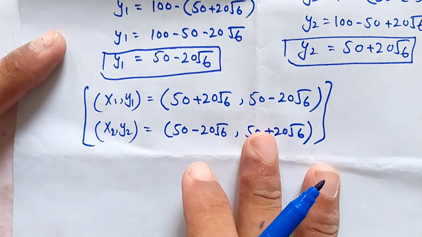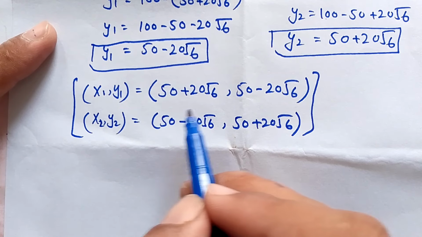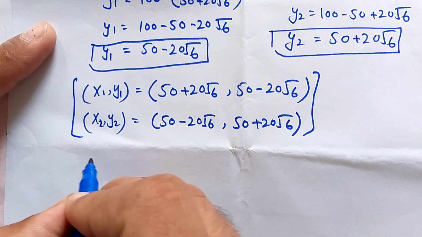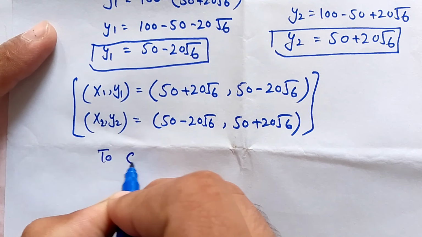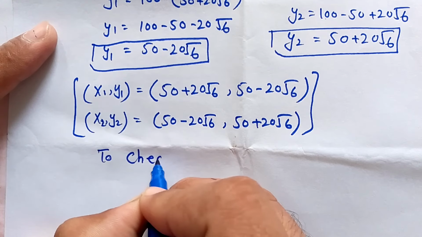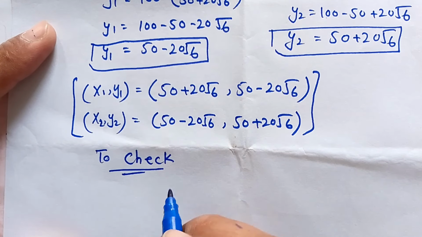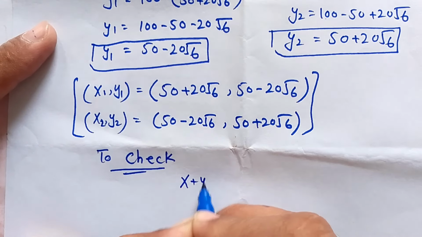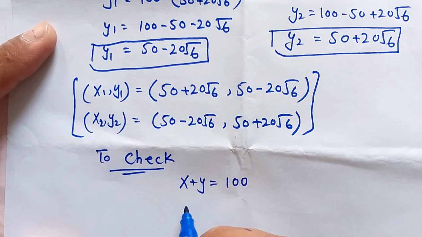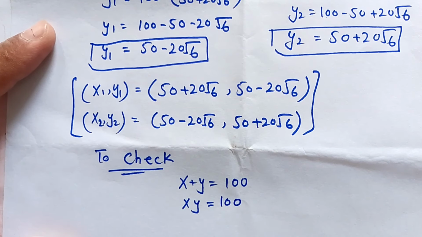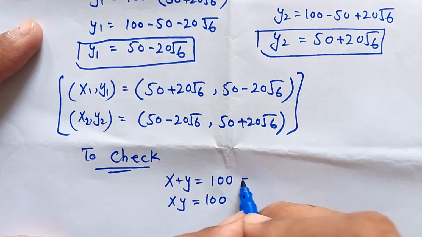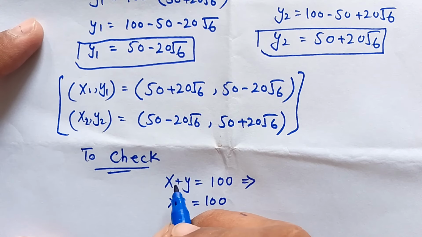Now we have to verify whether these values are correct or not. To check, the question is x plus y is equal to 100 and xy is equal to 100. Now we have to put the values of x and y.